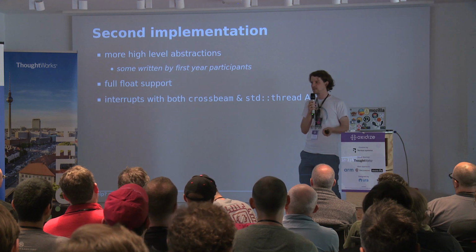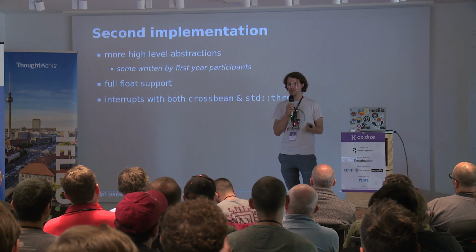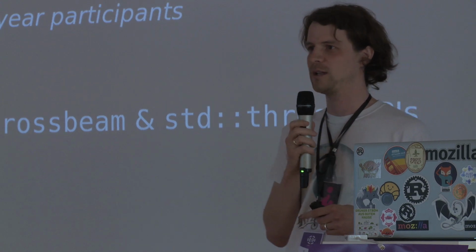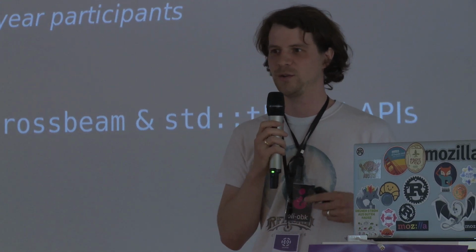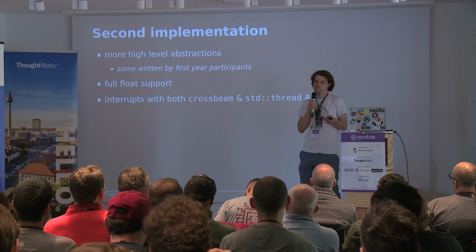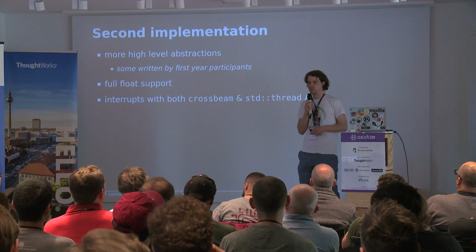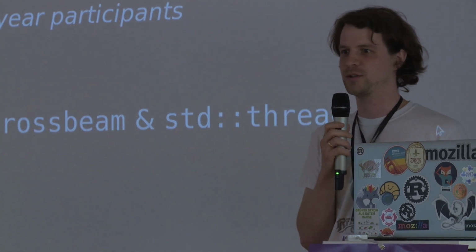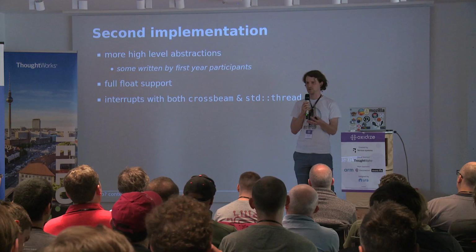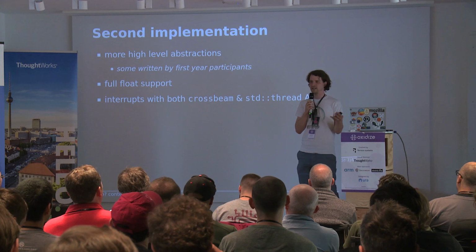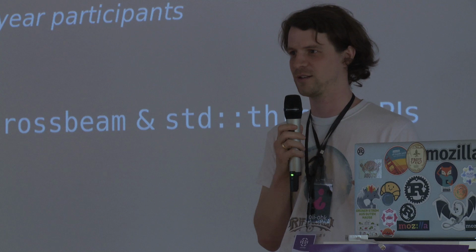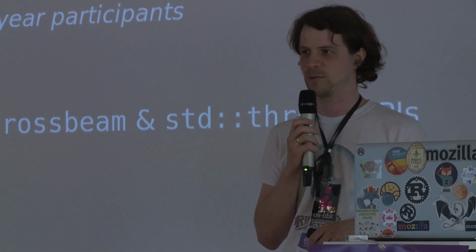I also had a student doing a bachelor thesis, and if you've ever used Crossbeam, it's super fun to use threading with that. And I was like, maybe we can do that for interrupts, and well, he did. So we had a Crossbeam-like API where you could just create interrupts that are closures, actually, and they can share data with everything, and you have some mutexes to share the data between the interrupts and the normal code.